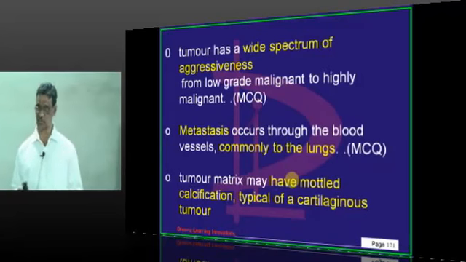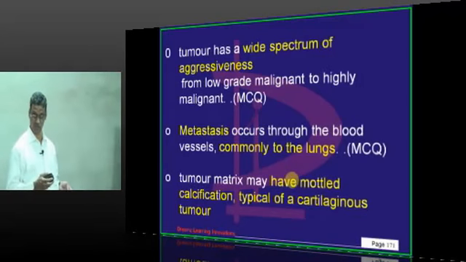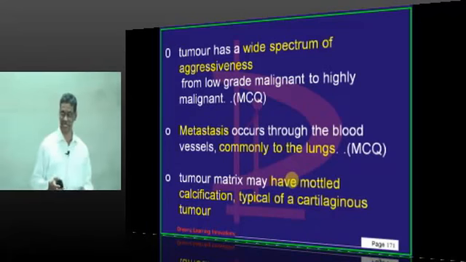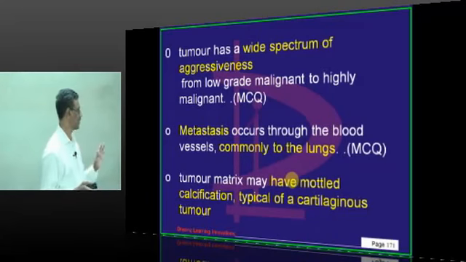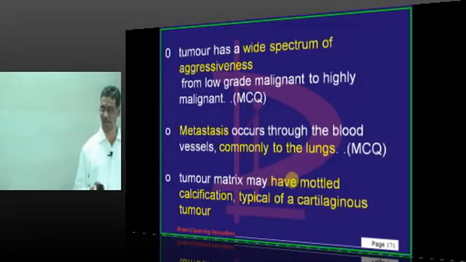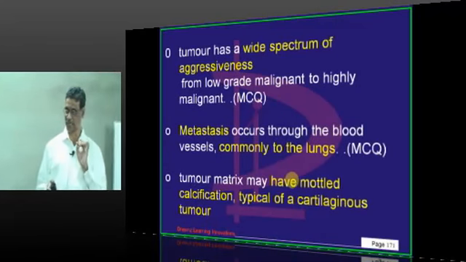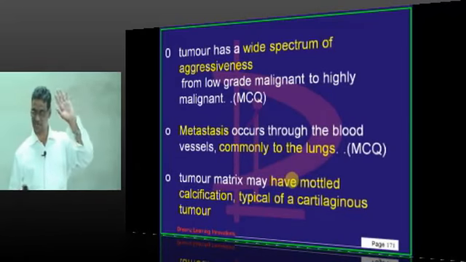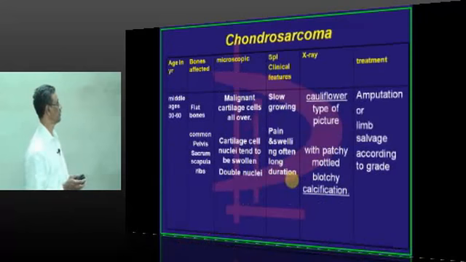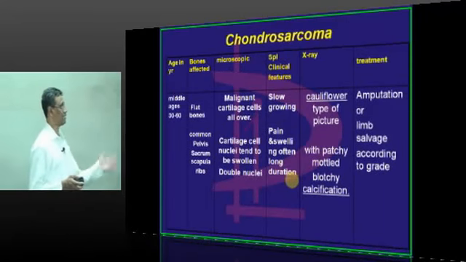Grading is also very essential in chondrosarcoma. Metastasis occurs through the blood vessels, commonly to the lungs, as in osteosarcoma. The tumor has a mottled calcification typical of cartilaginous tumors. Any cartilaginous tumor will most of the time have a typical calcified appearance because it is calcified cartilage, and only then does it become bone. Chondrosarcoma, again the same things.